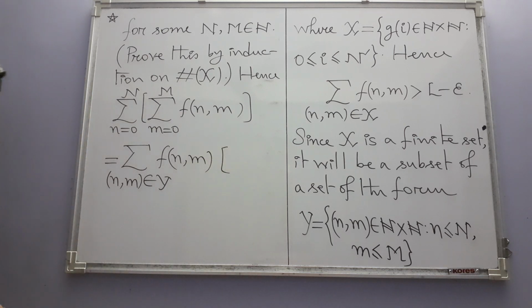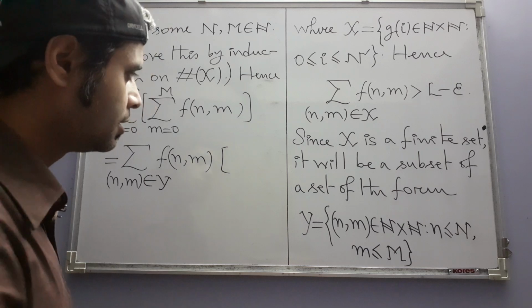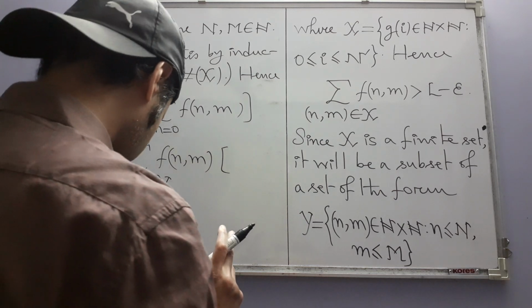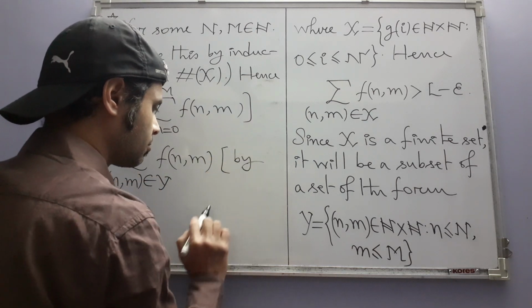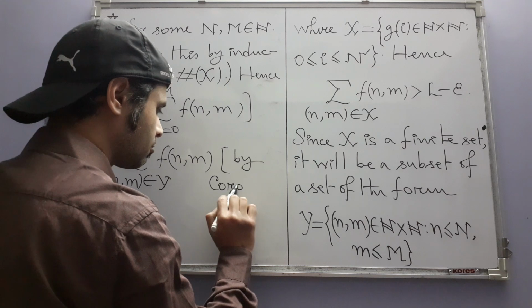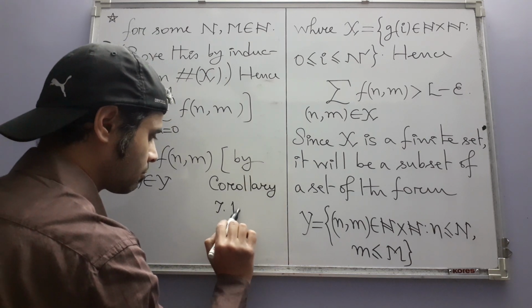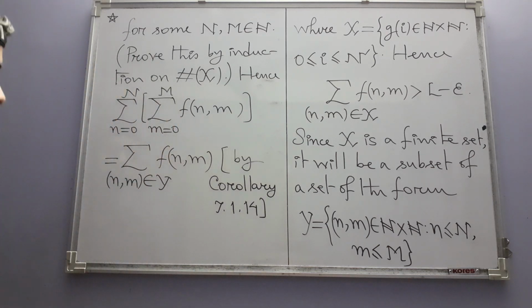And this step is again, of course, by Fubini's theorem for finite series. What is the corollary? 7.1.14. Okay.